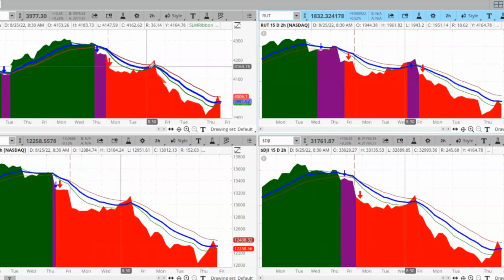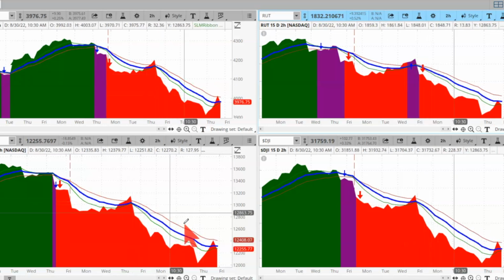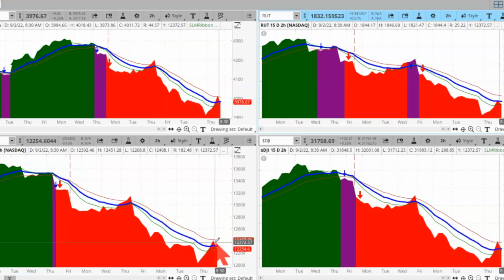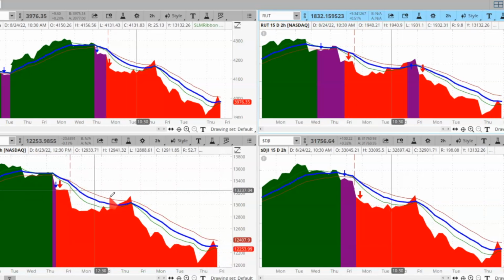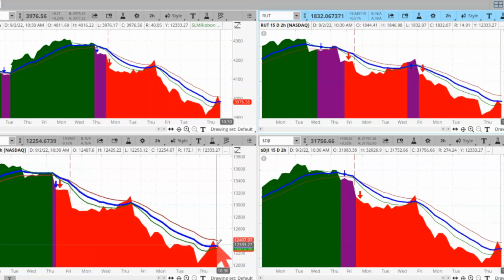You can see how the slim ribbon in here gives you the negative resistances, as it's doing right here this morning, and failing from there here on Friday. So when it's in this condition, you want to bias your positions to the downside. That means bigger short side trades and more often short side trades, or maybe never long side trades.